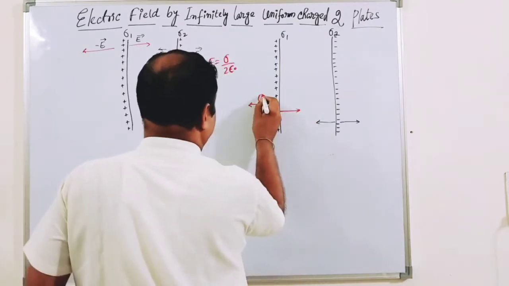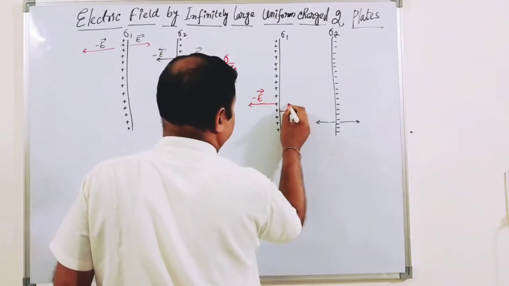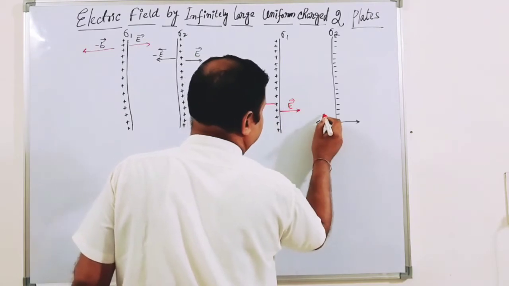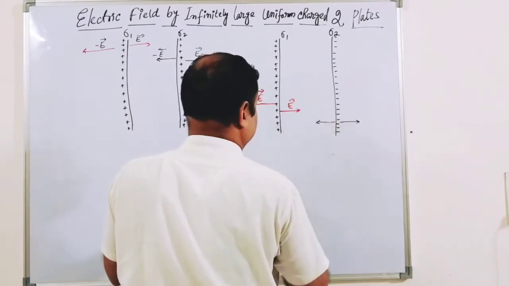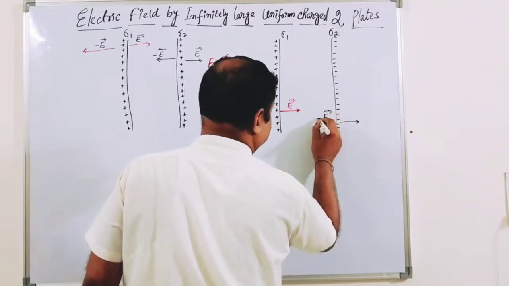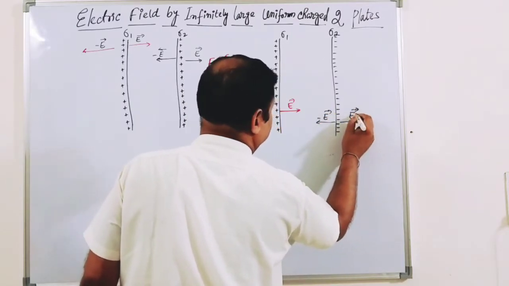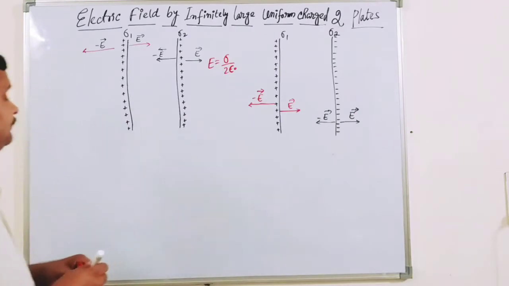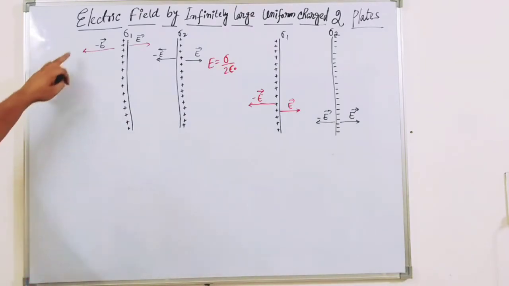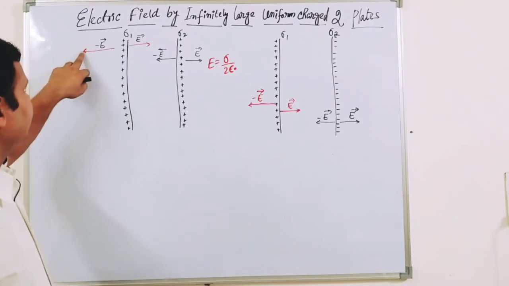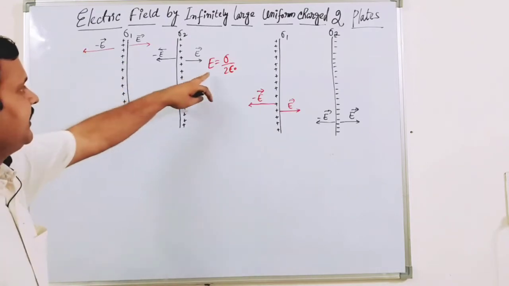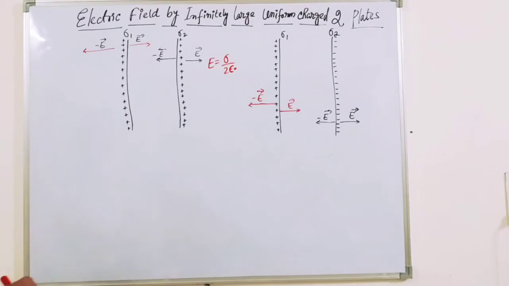This is negative E, this is positive E, this is negative E, this is negative E, this is positive E. This is the electrical field generated outside of this one.